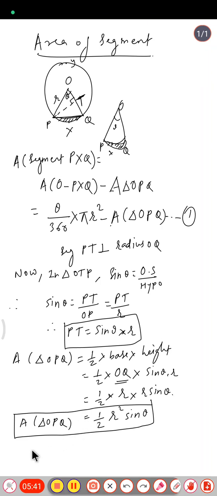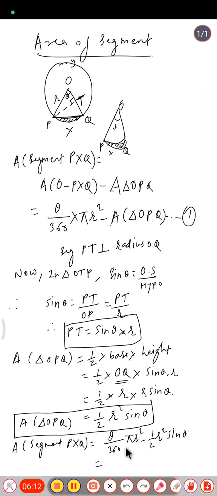Now we get the formula of area of segment PXQ, which is equal to, from equation one, theta upon 360 pi r square minus 1 upon 2 r square sin theta.